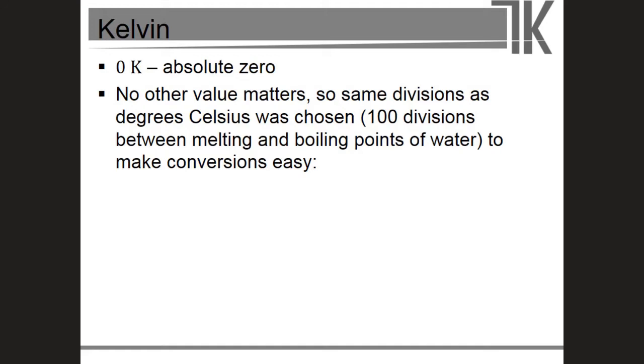So if we choose degrees Celsius as our intervals, so there's 100 divisions between the melting and the boiling points of water, it'll make conversions easy between degrees Celsius and Kelvin. And that conversion is whatever you have in degrees Celsius, add 273.15 to it, and you'll get the temperature in Kelvin.